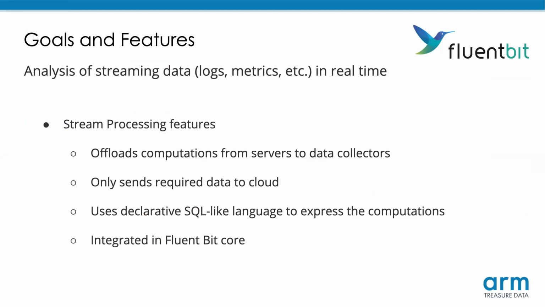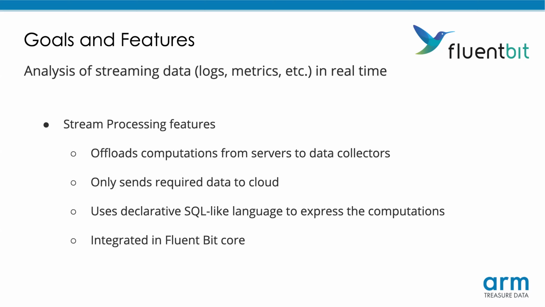What are the reasons? In general, what stream processing on the edge can do for you is offload computations from servers to data collectors. Just assume that you have thousands of data collectors, and many of them may have free resources like CPU and memory available. And if you can offload even a small piece of calculations to your edge devices, you're actually paying a lot less for cloud computations.